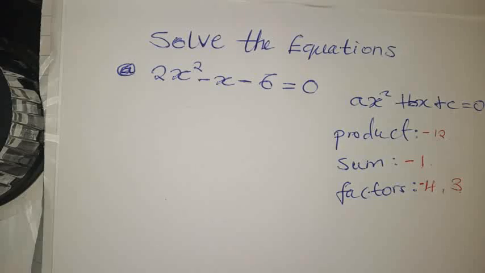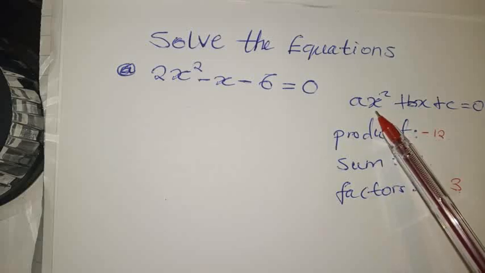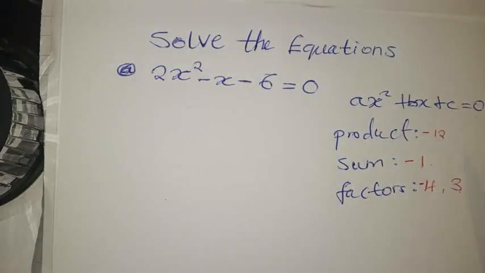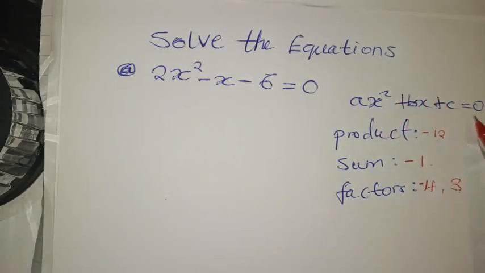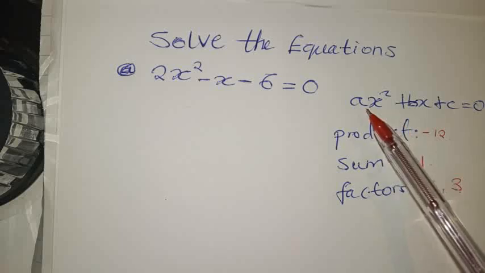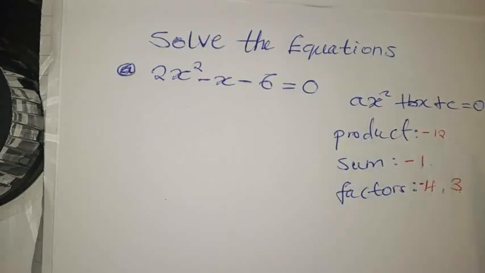The reason why I've written this is because when you're defining a quadratic equation, it's an equation of the form ax squared plus bx plus c equal to 0, where a should not be equal to 0, because once a is equal to 0, it will no longer be a quadratic equation, it will now be a linear equation.